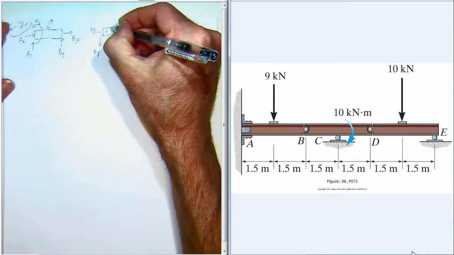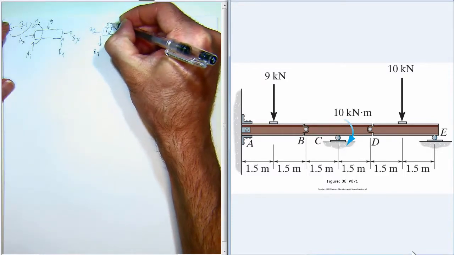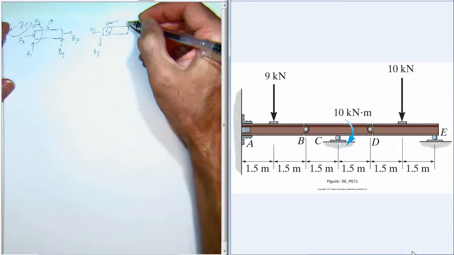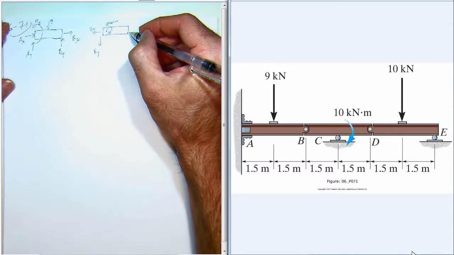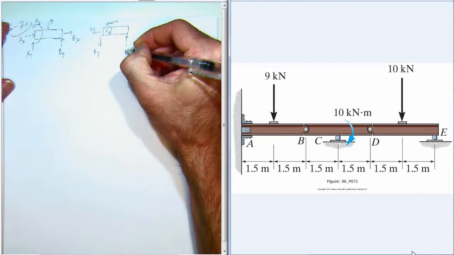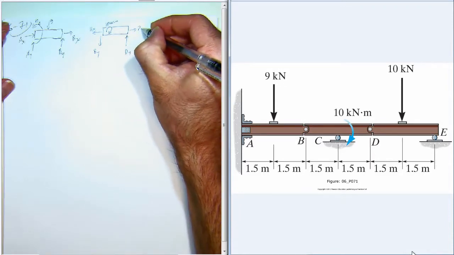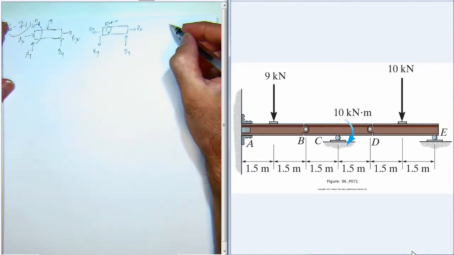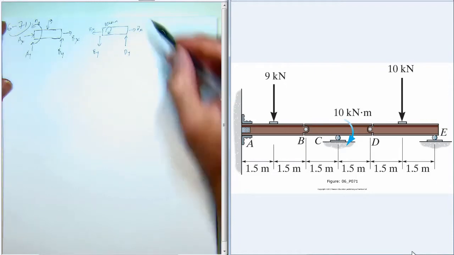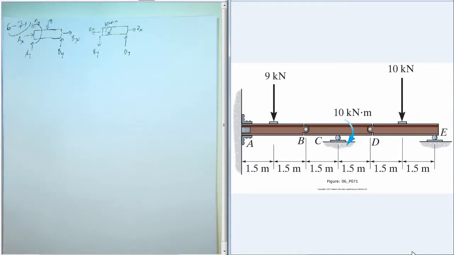We've got this applied moment, and then the reactions at D. So there's the free body diagram for member CD. We've got the reactions at the pins at C and the pin at D, and then the applied moment.